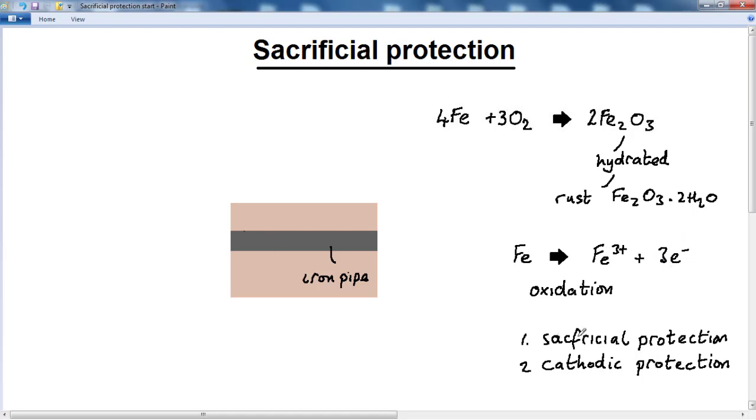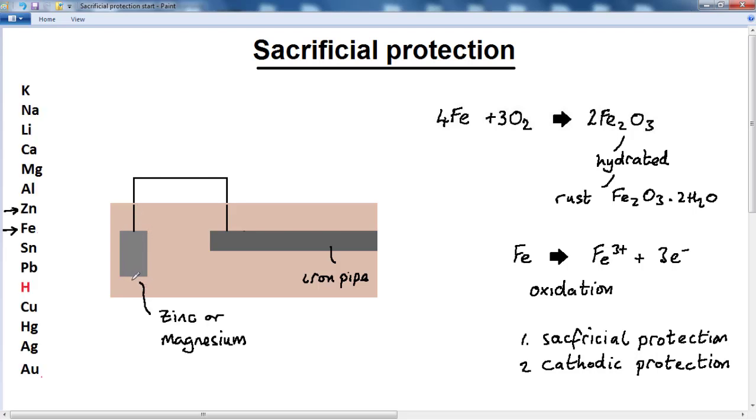So let's look at sacrificial protection. Using this method we're going to form what is basically a voltaic cell. We're going to connect the less reactive metal, which is undergoing oxidation, in this case iron, to a more reactive metal. In this case we'll choose zinc, which is just above iron in the reactivity series. The more reactive metal becomes the anode, and the less reactive metal becomes the cathode.